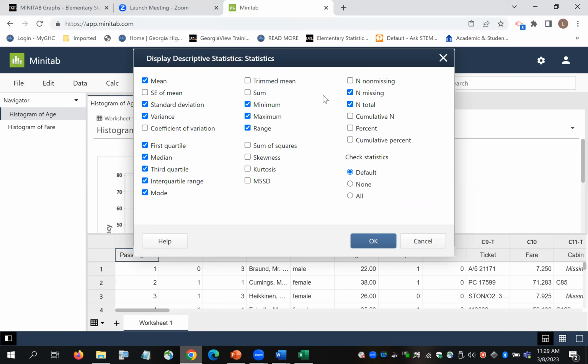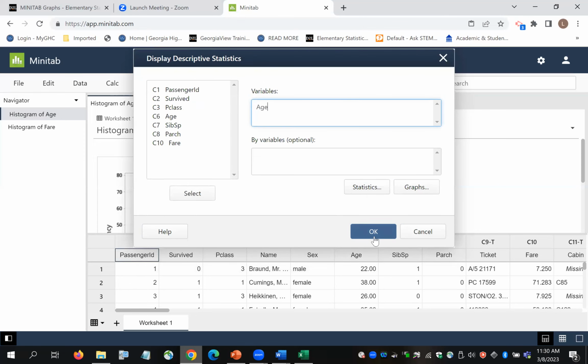But typically, these are the things we calculate: the mean, the standard deviation, the variance, first quartile, median, third quartile, interquartile range, mode, minimum, maximum, range. And then this is important. You want to click the box in missing and in total. And then I'm going to click OK, and Minitab is going to calculate them all for me at the same time.